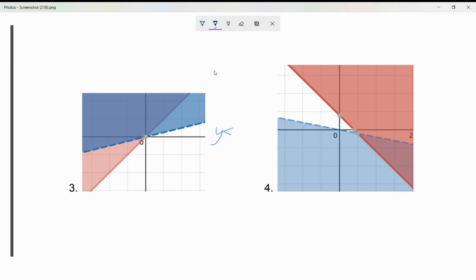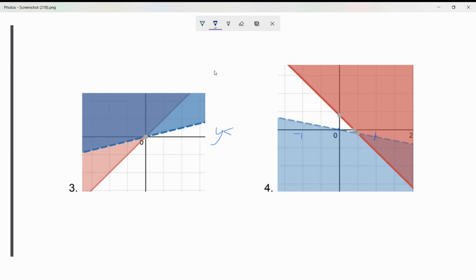This one starts at 0, so there is no y-intercept. Let's assume 1, 2, and since there's a 2 over here, every 2 lines is a 1. Then from here to here, what would be the slope?